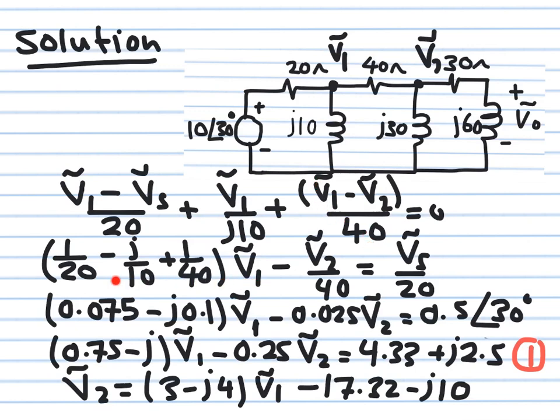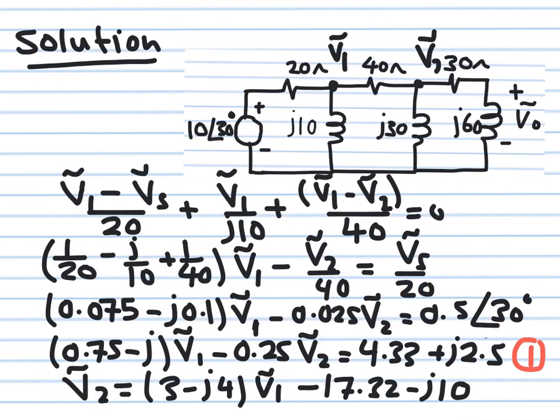We collect these terms together, and remember 1 over J10 is minus J over 10. The only term that has V2 is minus 1 over 40. We move minus Vs over 20 to the right hand side, it becomes Vs over 20, and Vs is 10 angle 30. If you divide 10 angle 30 by 20, you get 0.5 angle 30.